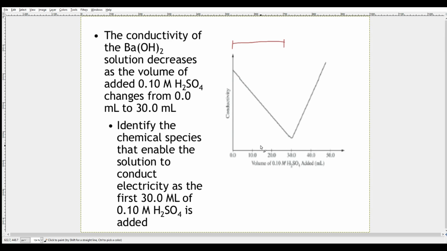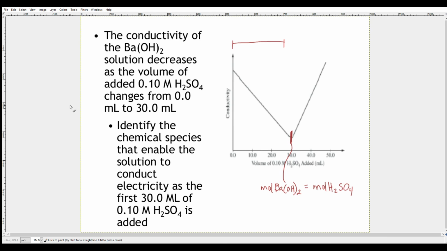Okay. So when you're reading a conductivity chart, what's important to know is right here on these charts, it's like the equivalence point. The moles of our substance that's being titrated are equal to the moles of our titrant.